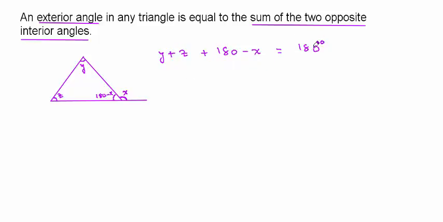And if you take the 180 and the x on the other side, subtract 180 from both sides and add x to both sides, what you have is y plus z, this part is the same, y plus z, these two cross off, is equal to 180 and 180 cross off is equal to x. So this angle is equal to the sum of these two angles. And you can pretty much say the same thing if you were to extend any of the other two sides.